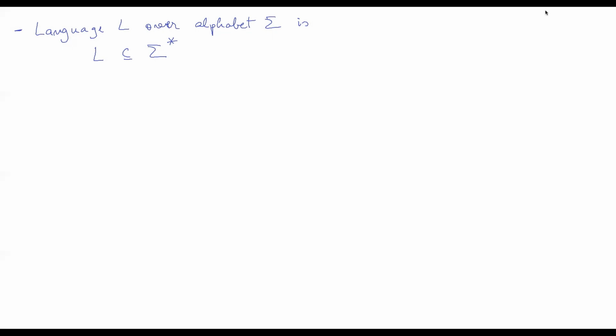So I give quickly an example. If I have sigma to be a set of letters A, B, C, then for example, the empty set is a language. It is the empty language over sigma. And so is sigma star, that's the full language. All the words over sigma are in this language.